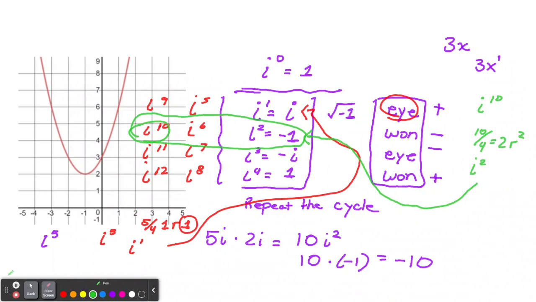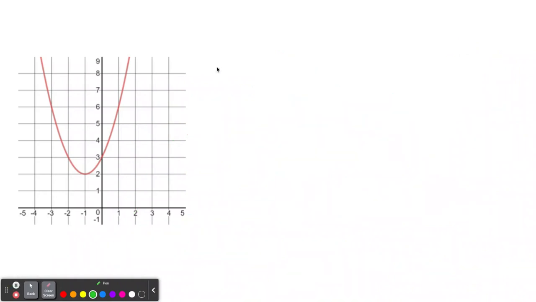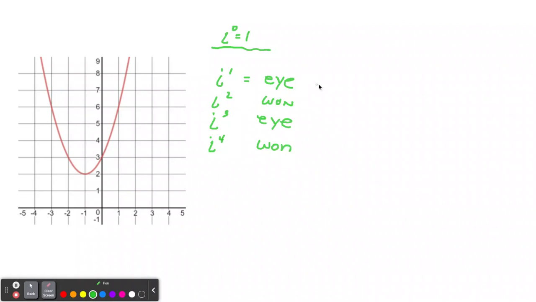Let's make that chart again. Clear this out. So again, we already know that i to the 0 power is 1. We'll just keep that over there because anything to the 0 is 1. So we have i to the first, i to the second, i to the third, i to the fourth. And so remember, I told you, if you can remember i, 1, i, 1, with the positive sandwiching the negatives, right?